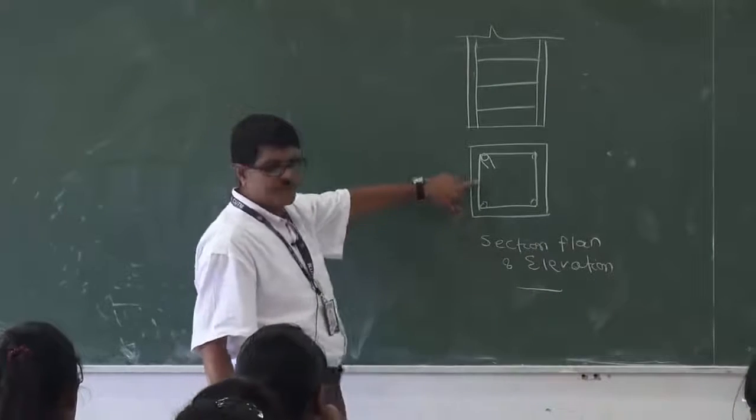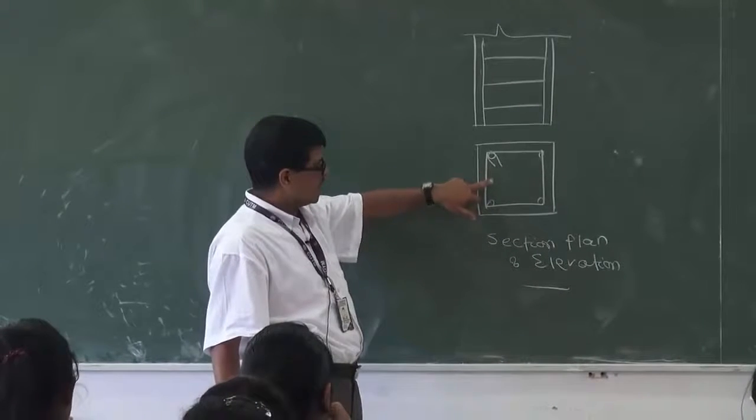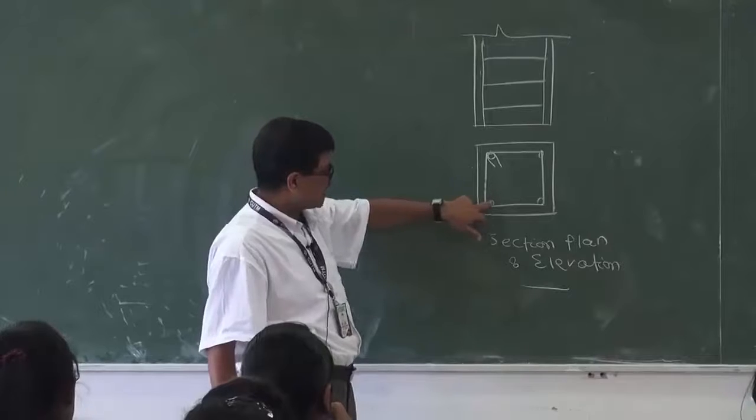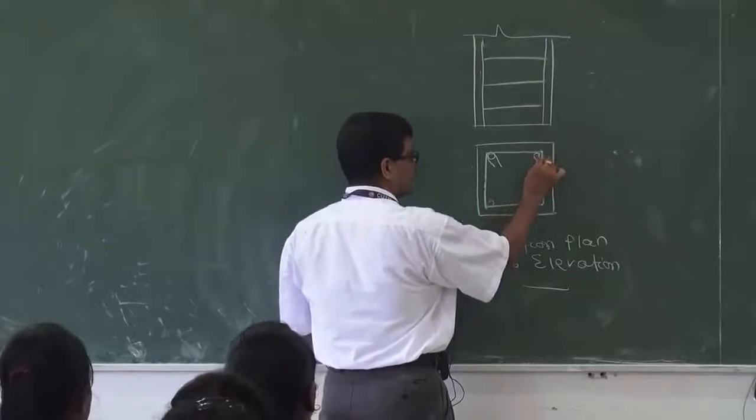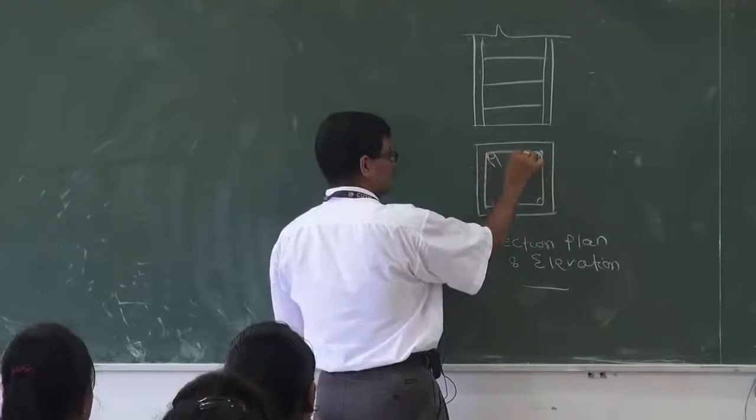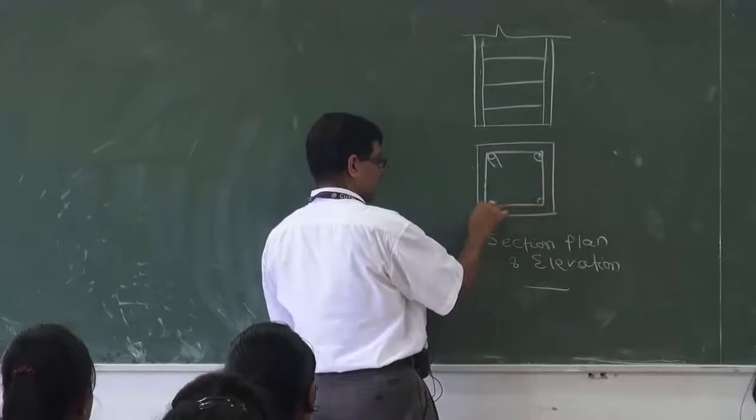So this is the main reinforcement, and these are the lateral ties, and these are the 4 main bars, or reinforcing bars, and this is your link or lateral tie.